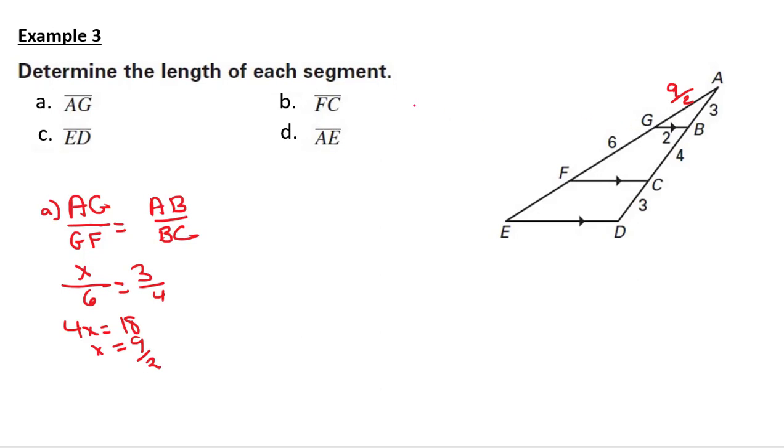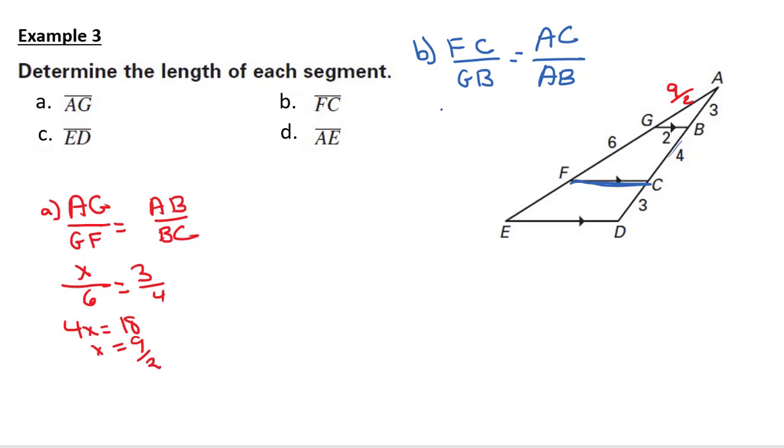Okay, for part B, I will do B up here. I might run out of room and have to erase. I'm looking for FC. Well, I know this piece, so FC is to GB as the whole segment, AC, is to the corresponding side, AB.